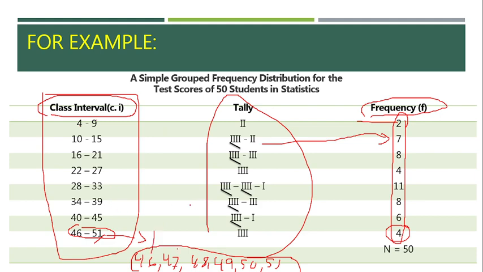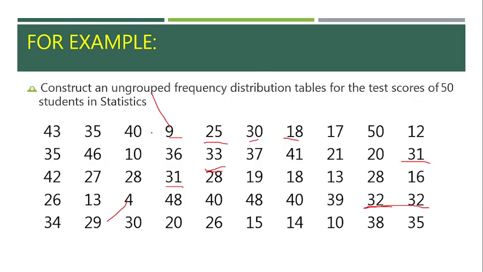With these values, kindly check how many you can see of 46 up until 51 in your raw data. Kindly count it as your frequency. Starting from 46 to 51: 46, 46, 47, 46, 46, 50. We have 1, 2, 3, 4.